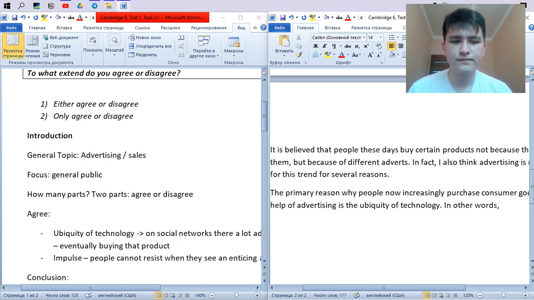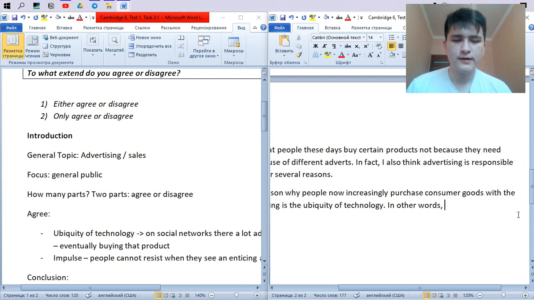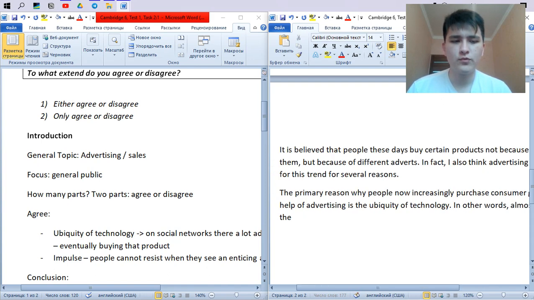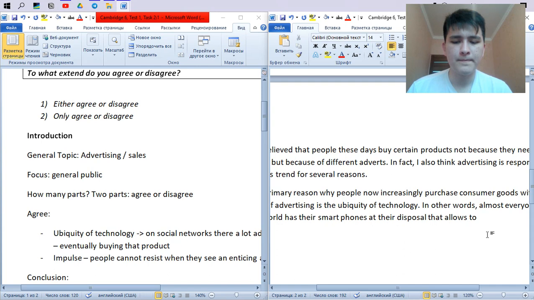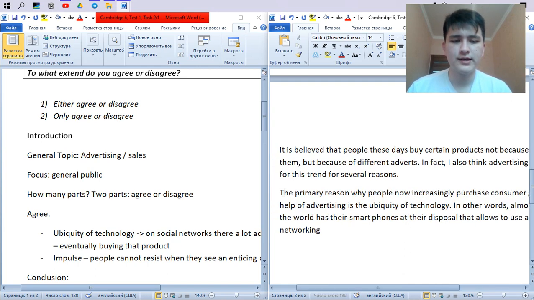In other words, almost everyone in the world has a mobile phone or smartphone at their disposal that allows them to use any social networking app they want.